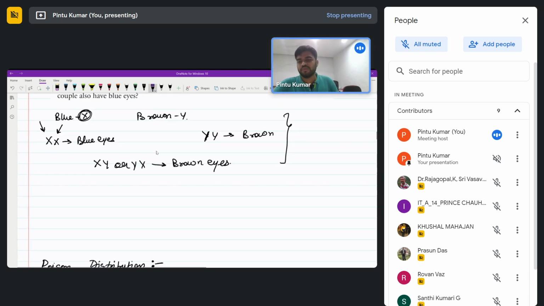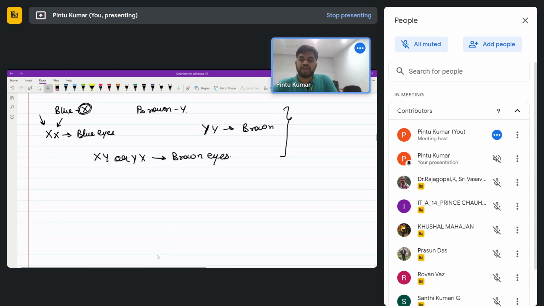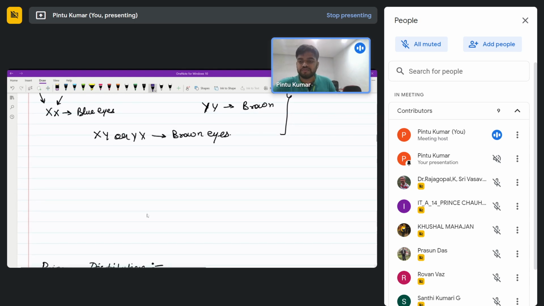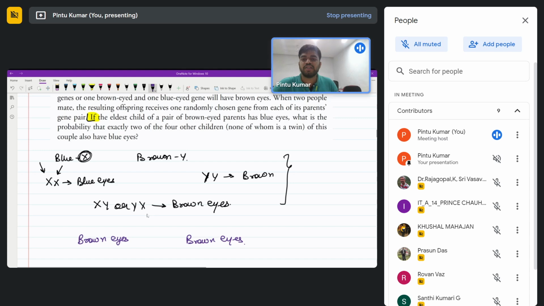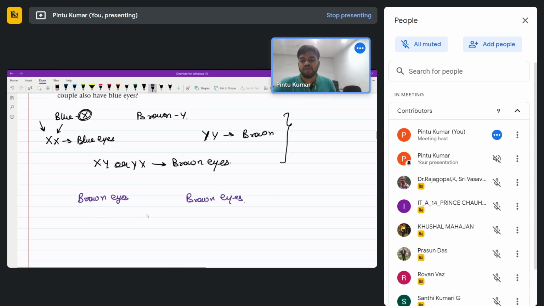So you have two parents, and both the parents have brown eyes. And it says that the eldest child has blue eyes.